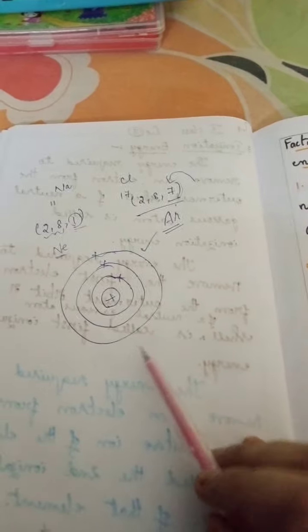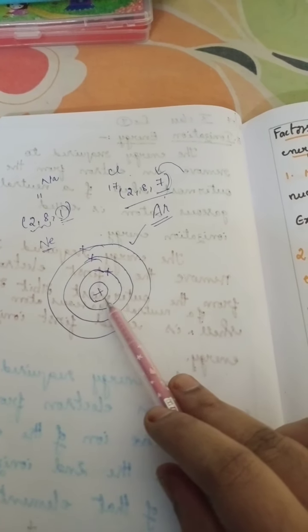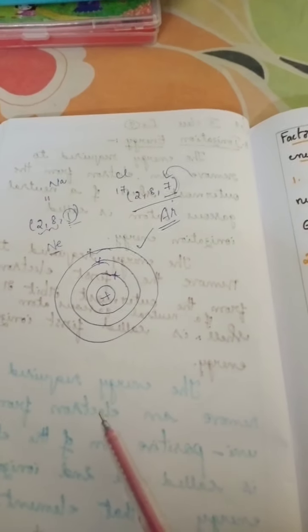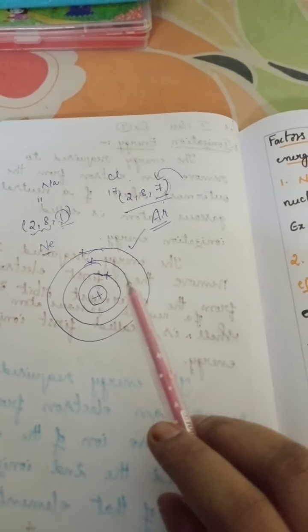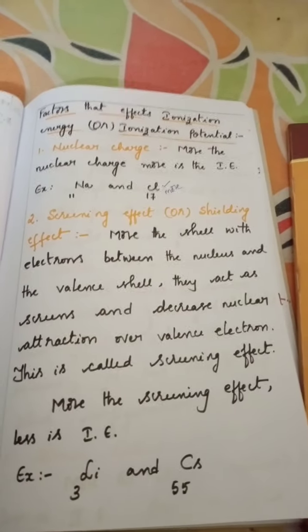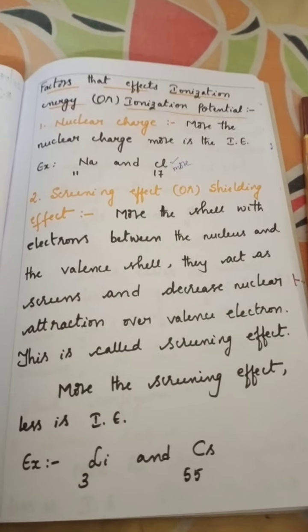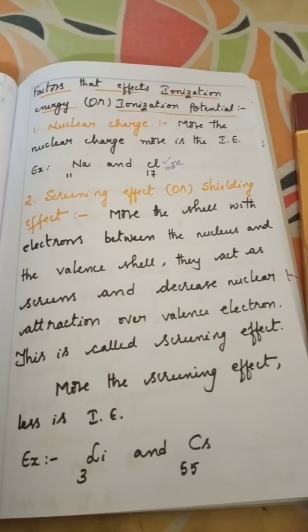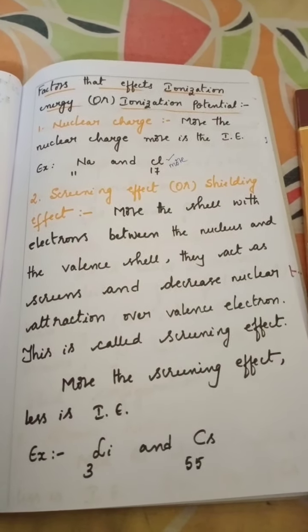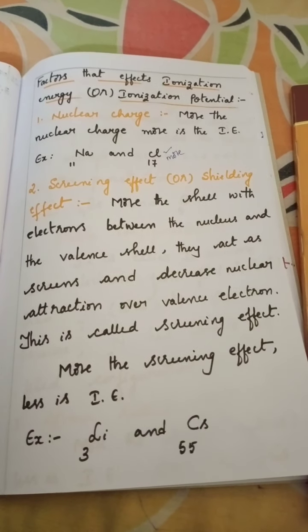These shells will act as screens for the nuclear charge towards the valency electron. So this is called the screening effect. More shells with electrons between the nucleus and the valence shell act as screens and decrease the nuclear attraction over the valency electron. This is called the screening effect.